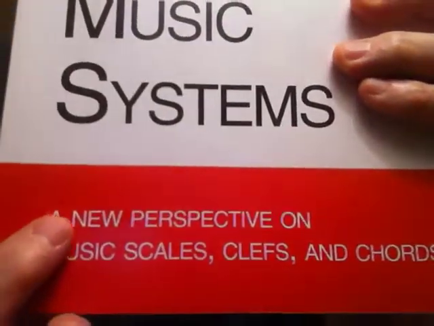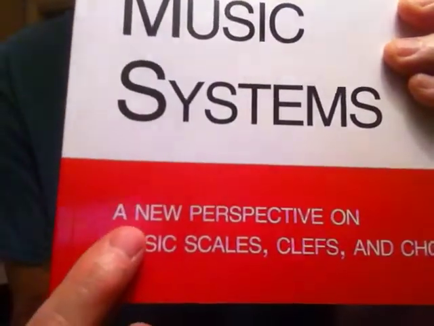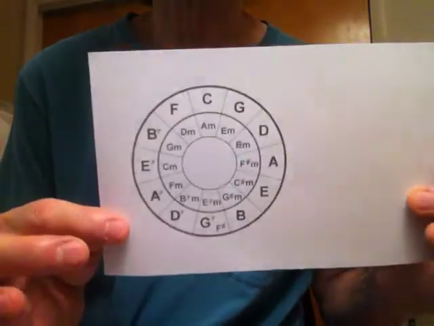I thought, well, just like with my book, which is all about a new perspective, it's just a new way of looking at stuff. It's just a different way of looking at stuff. So I thought, well, let's have a new perspective, and we're going to use that perspective specifically on the circle of fifths. All right? So what did I draw on?